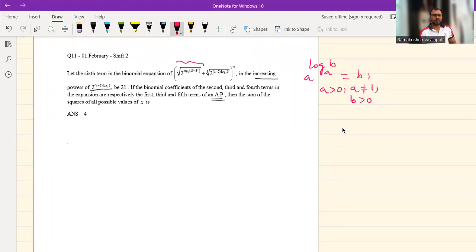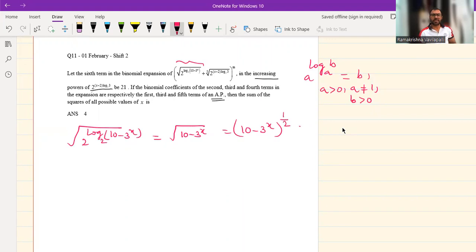Root over 2 to the power of log of (10 - 3^x) base 2 gives simply root over 10 minus 3 power x, nothing but (10 - 3^x) to the power 1/2. This is the first term.